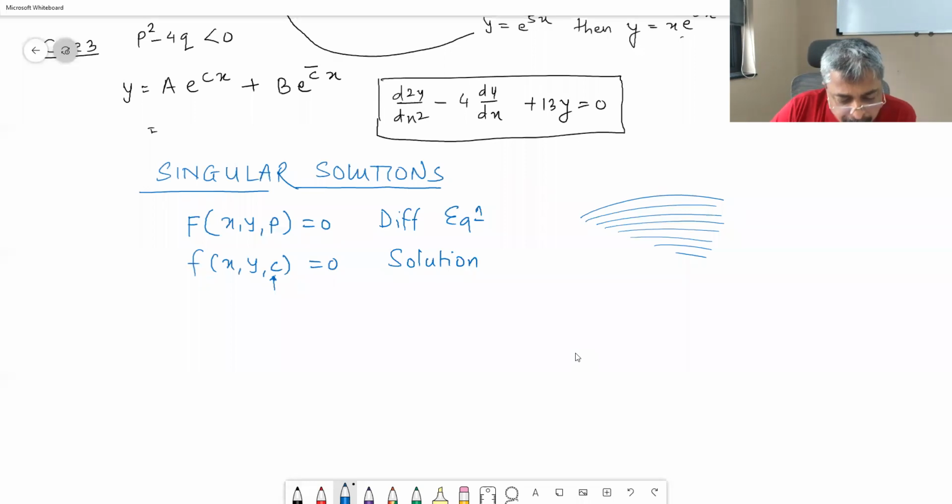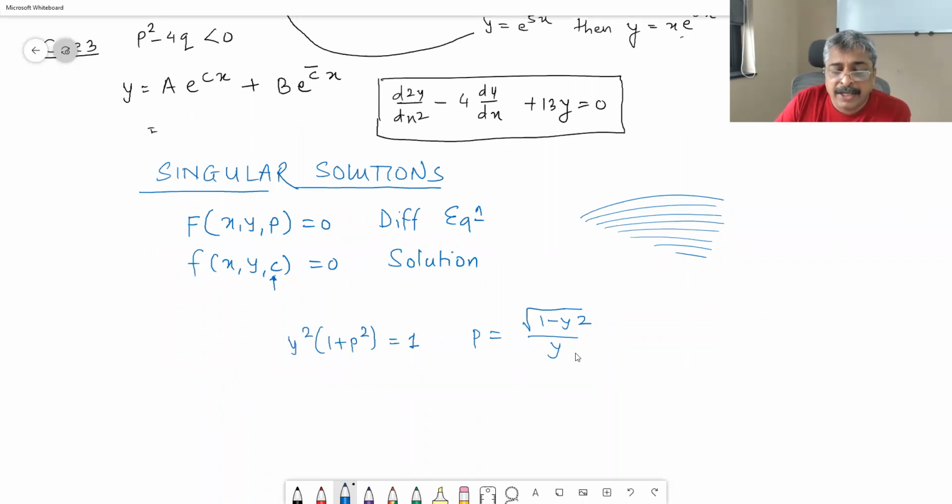Now suppose I give you a simple differential equation, y square inside bracket 1 plus p square is equal to 1. x is not there, so it is a relationship between y and p, and if you solve it for p, then you will get p is equal to radical 1 minus y square divided by y.